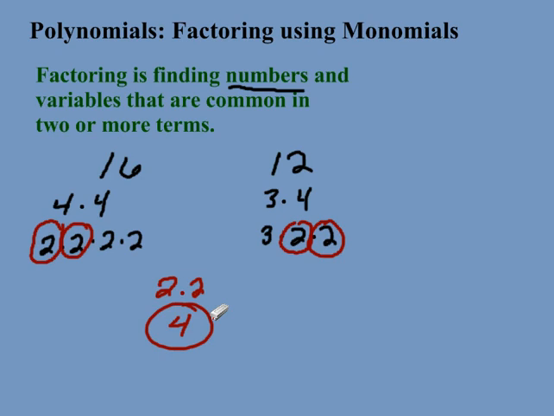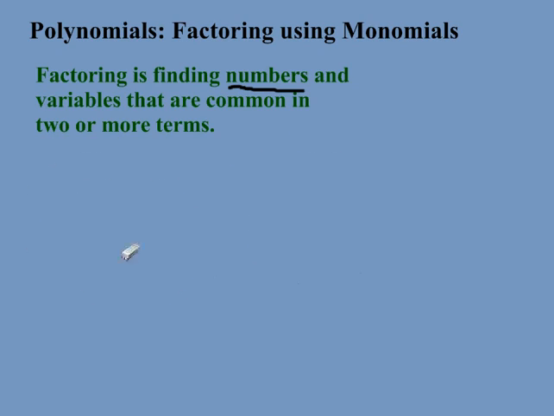I'm going to erase this one. Oh, my big eraser. And let's try this here. 5xy and 2xz. All right. Let's rewrite this. I'm just going to show it in a different way: 5 times x times y, and I want to show this as 2 times x times z.